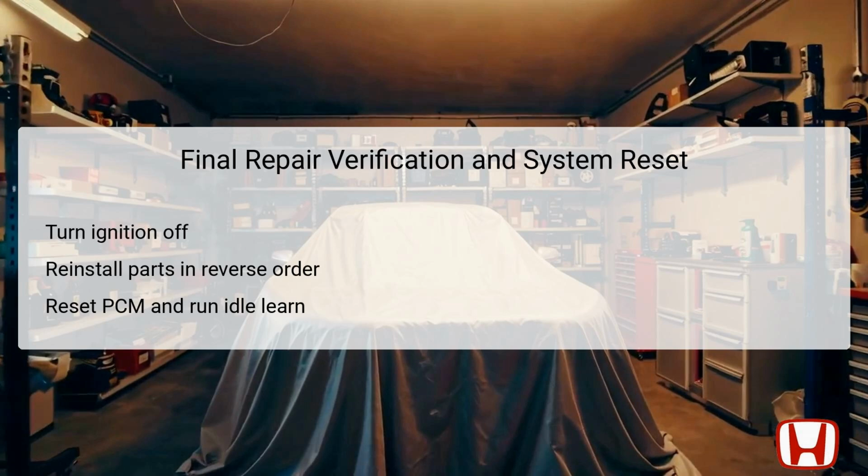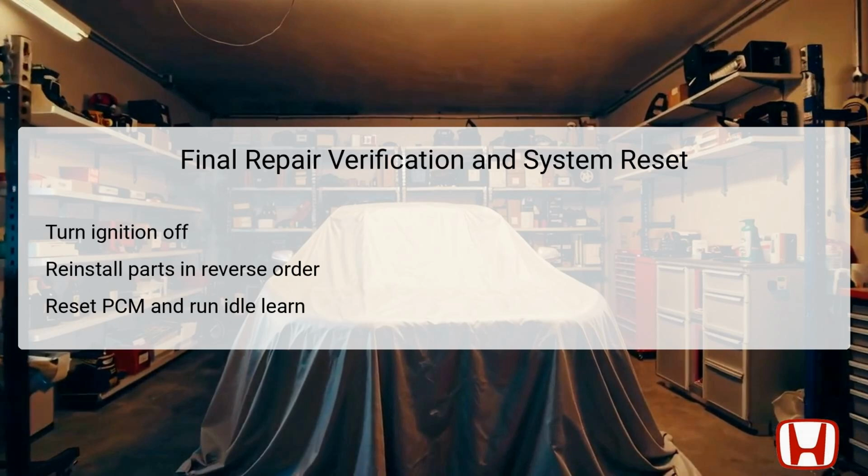Using the Honda Diagnostic System to reset the PCM, Powertrain Control Module, clears the fault codes including DTC P0455. Following the reset, performing a PCM idle learn procedure helps the vehicle's idle control system function optimally.